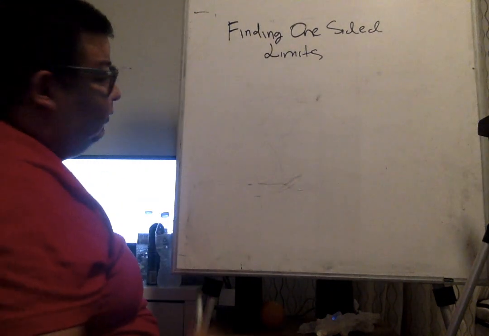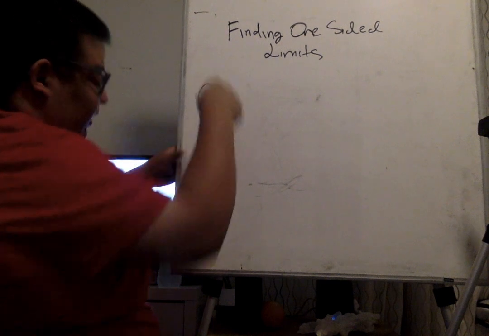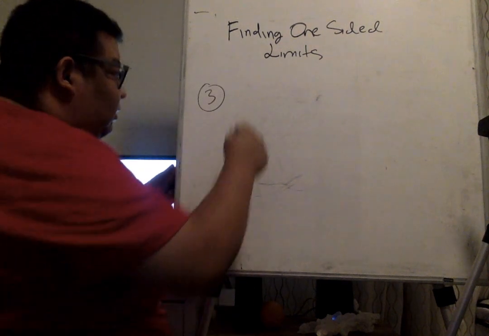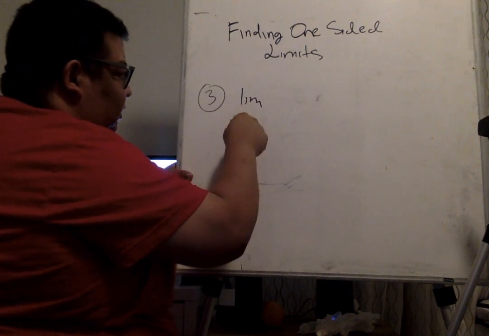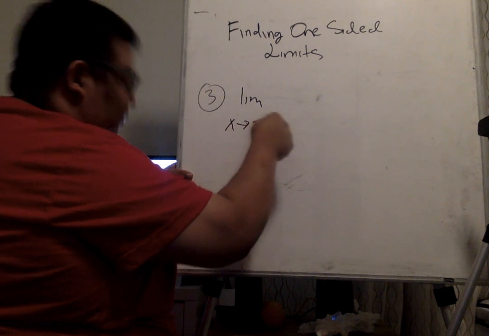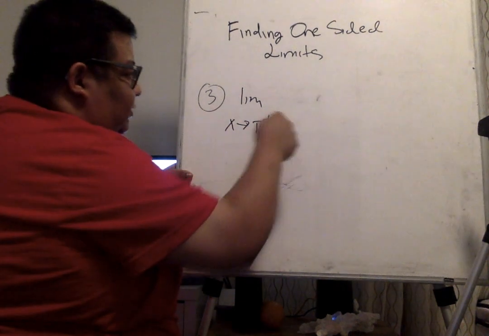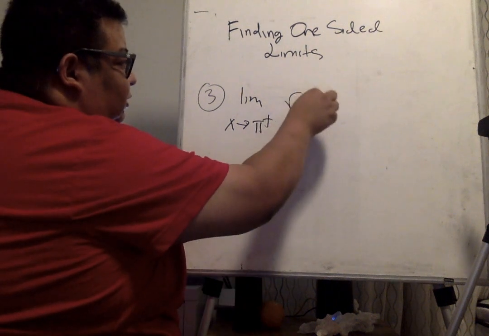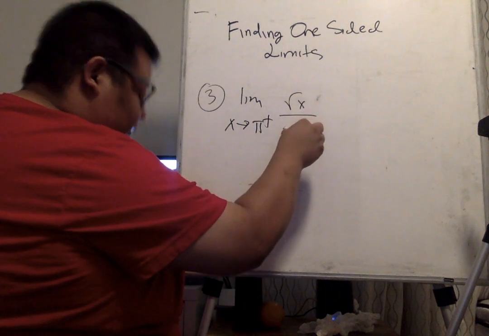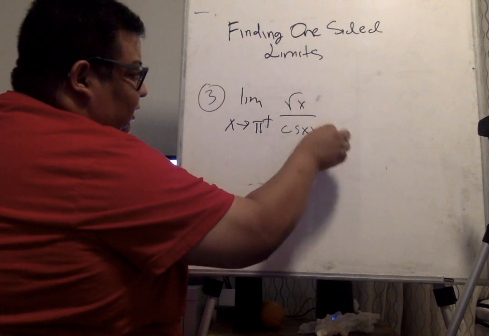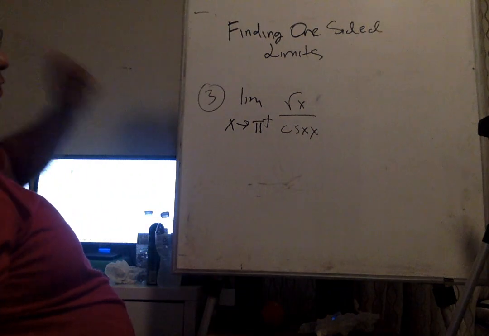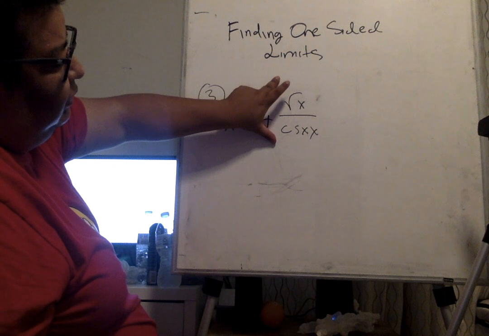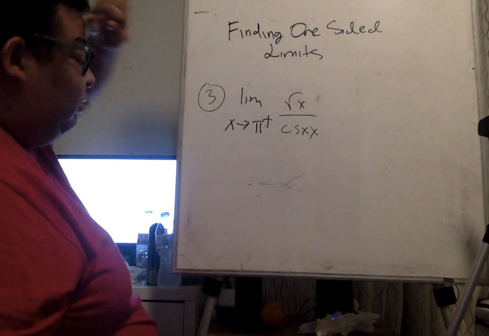Let's do our last problem, problem number 3, to get a hang of these one-sided limits. Limit as x approaches pi from the right side of square root of x over cosecant x. Notice what happens if you plug in pi here.